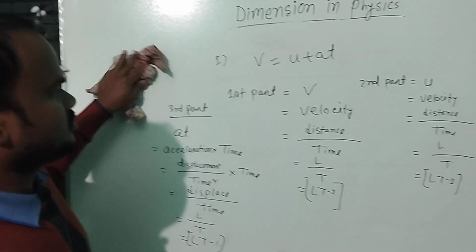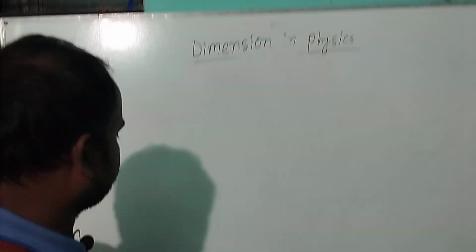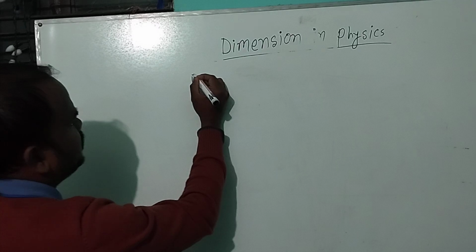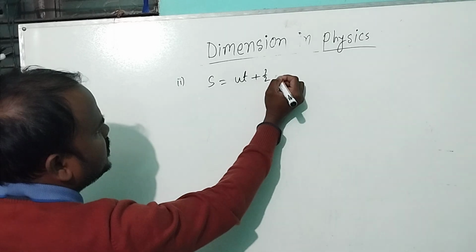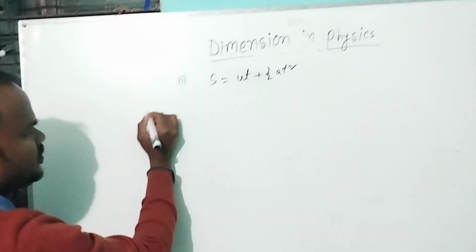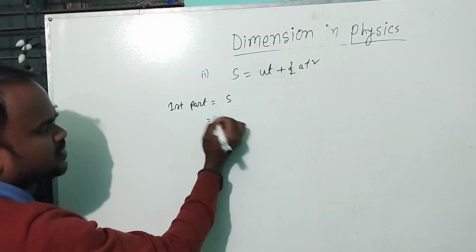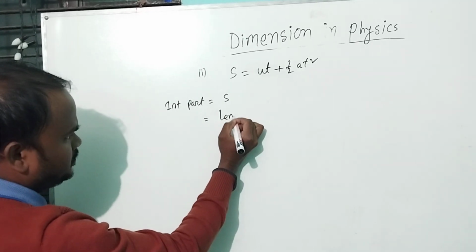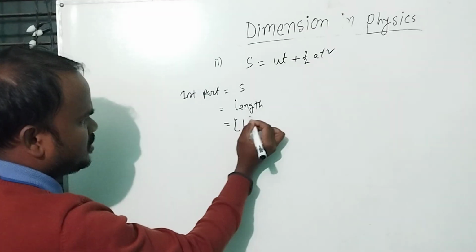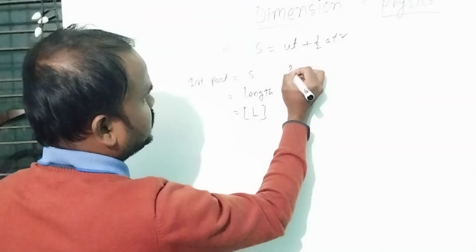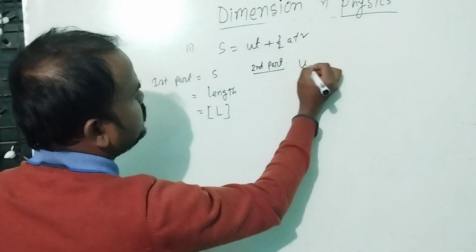Let's take another equation. Another equation is s equals ut plus half at square. The first part of the equation, s. So s means length. So the dimension of length equals L. The second part of the equation equals ut.